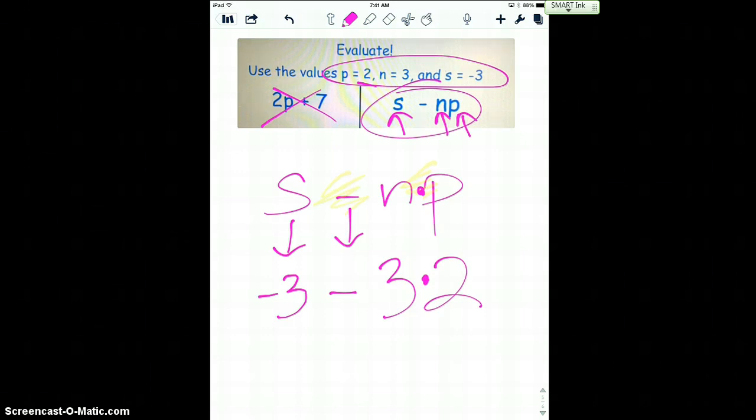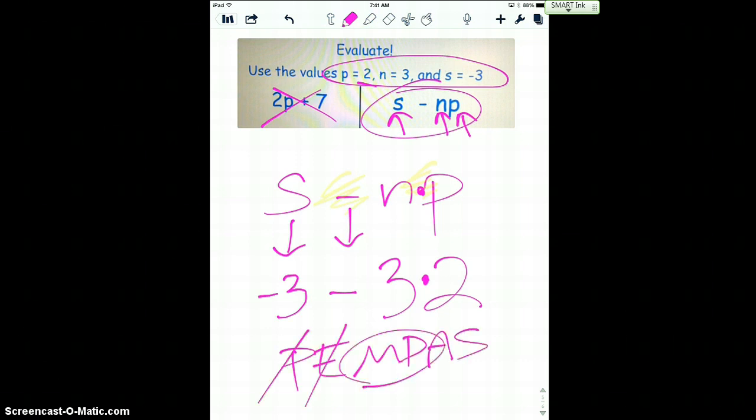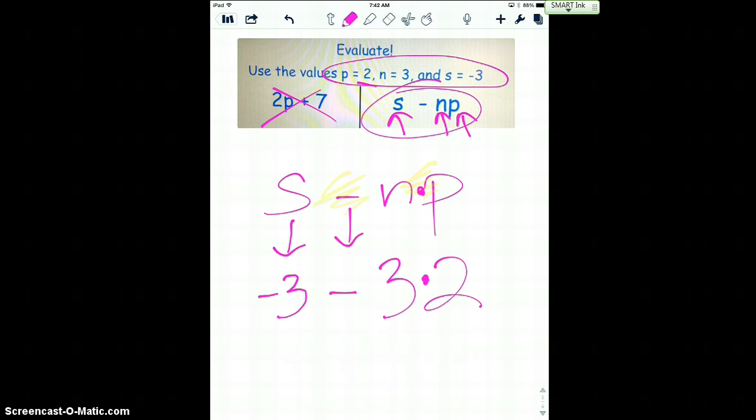No. We have rules in math, and they're called order of operations. Do you remember that saying? PEMDAS. Start with parentheses, there are none. Exponents, there are none. Multiplication, division, we do have that. Addition and subtraction always comes last. So I would go here and get 6, and then I'd bring down the subtraction.